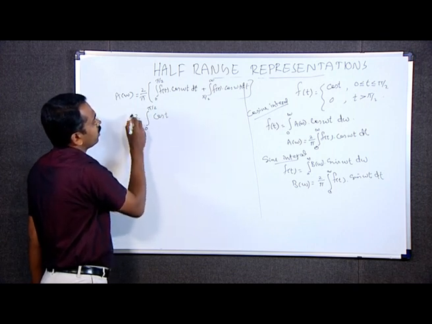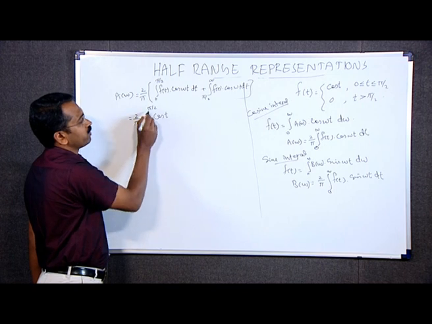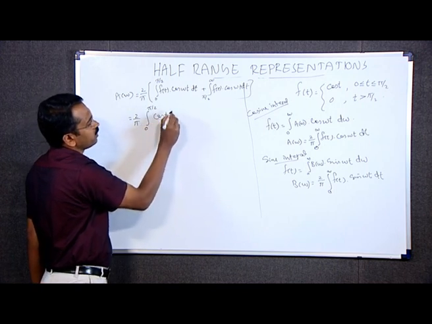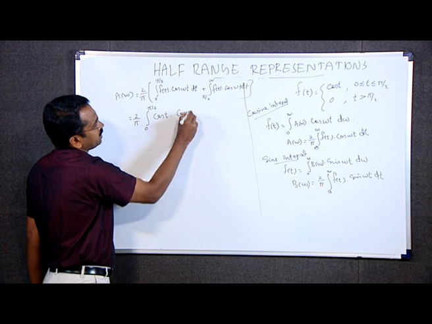Therefore, a omega is equal to 2 by pi into integral from 0 to pi by 2 cos t into cos omega t dt.